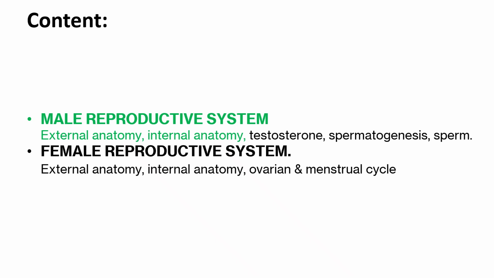Okay, now let's talk about the cells, the microscopic anatomy, and we're going to learn about the hormones involved in the male reproductive system, and then the cells themselves, specifically the sperm.